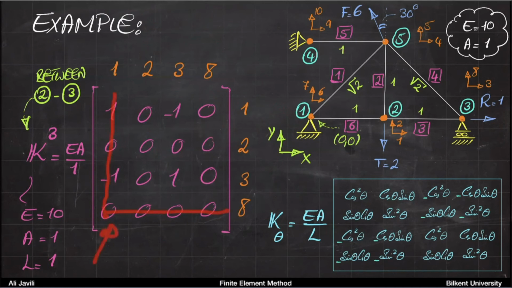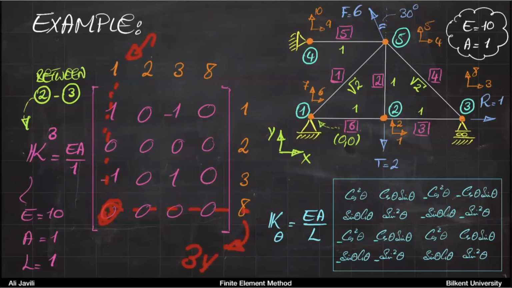So it's 0. This 0 means the stiffness on the 1 direction, which is node 2 in the x direction, with respect to the 8th degree, which is node 3 in the y direction.